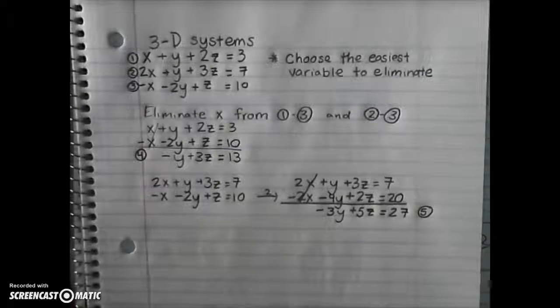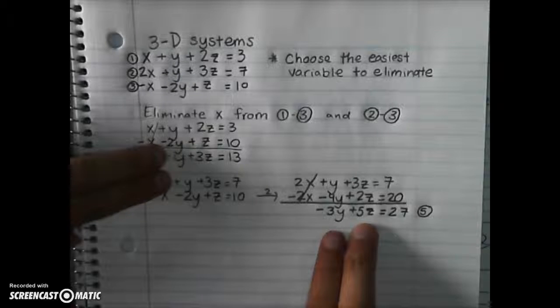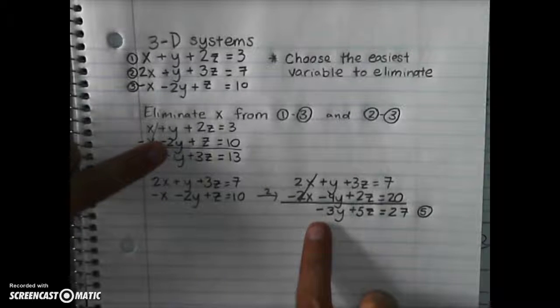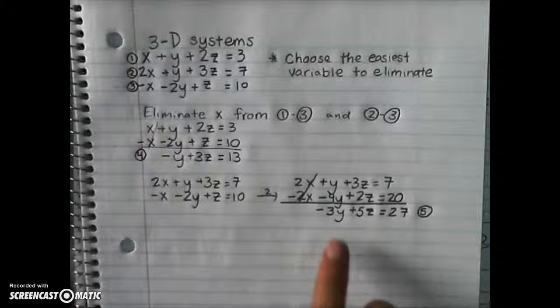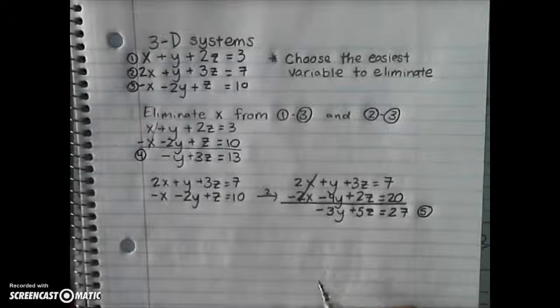And now what we've just done is we've taken our 3-dimensional system and worked it down to only 2 dimensions. We know how to solve for these. This is just the regular elimination or substitution. So now I'm going to use elimination again.